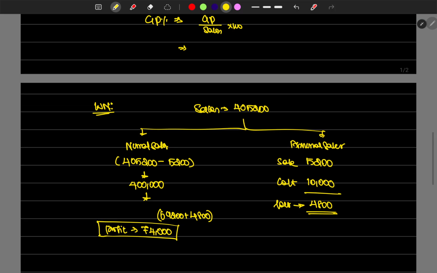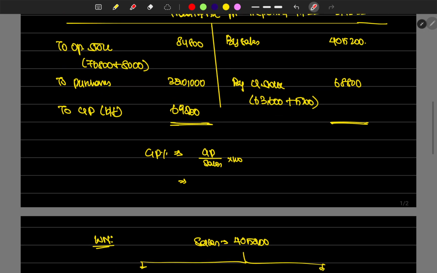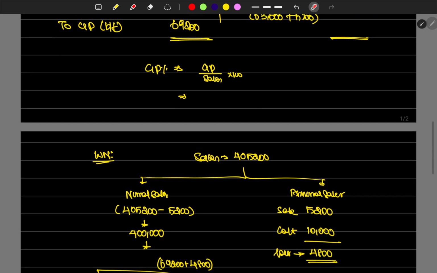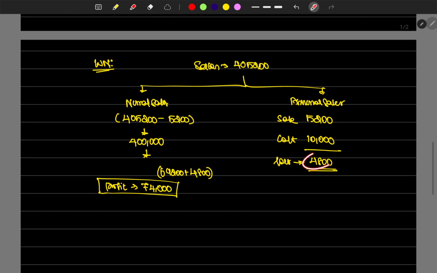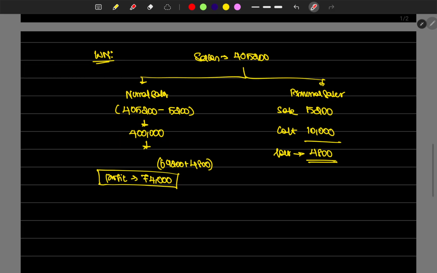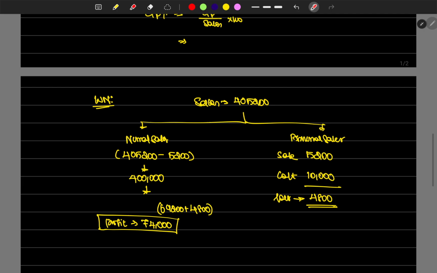Have you guys understood this logic? We have a loss already in our books, which is 4,800, and we also found the 69,200 net profit, which is the overall profit. So if we add back this amount with this value, we get the actual profit for the 4 lakh value. So we found out that 74,000 is the profit for 4 lakhs.